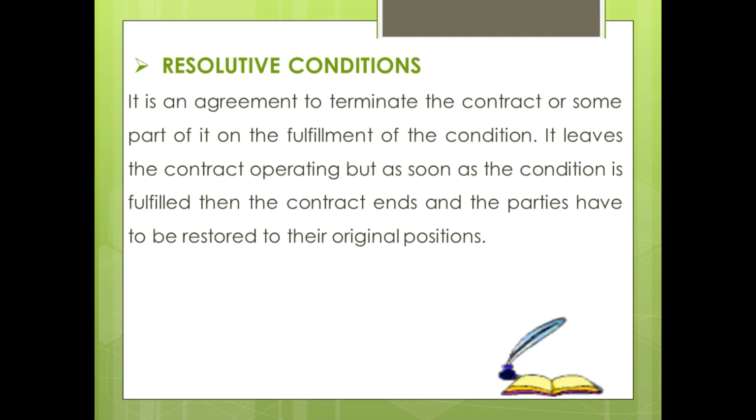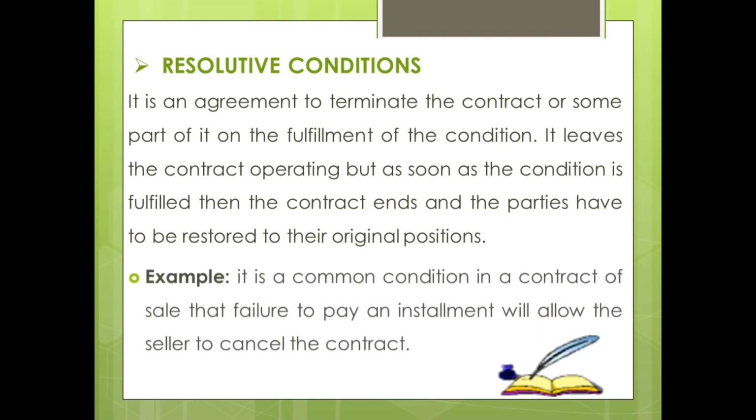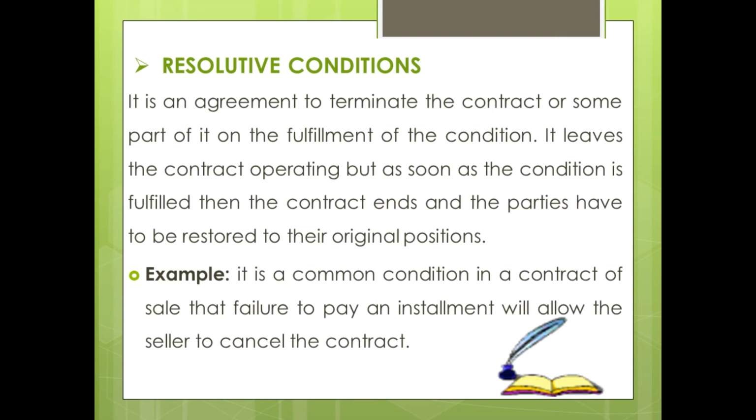It leaves the contract operating, but as soon as the condition is fulfilled, then the contract ends and the parties have to be restored to their original position. For example, it is a common condition in a contract of sale that failure to pay an installment will allow the seller to cancel the contract. That is lex commissoria. Do you still remember?